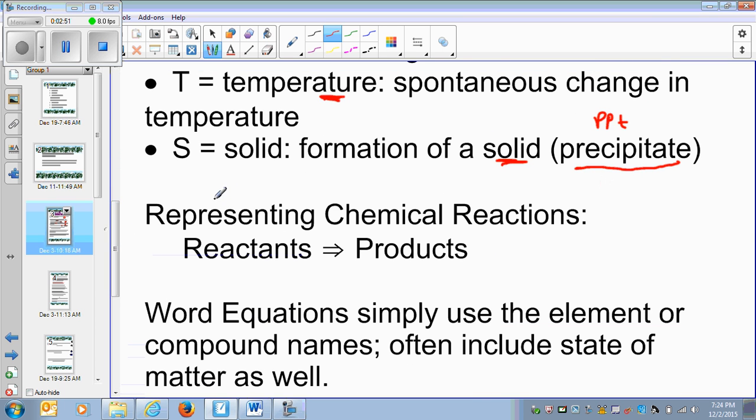So how do we represent that chemical reaction? We take the reactants and we yield some products. This sign is called the yield sign. After the yield sign, what you have is a product, and before it you have the reactant. The example I gave you earlier was hydrogen and oxygen to yield water.